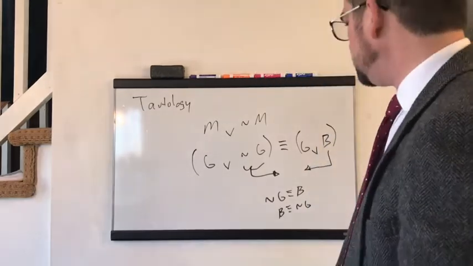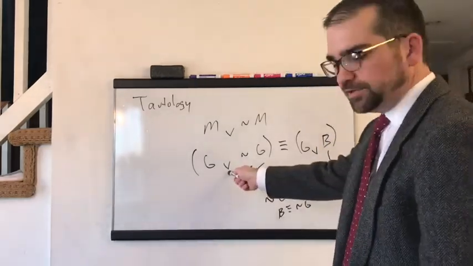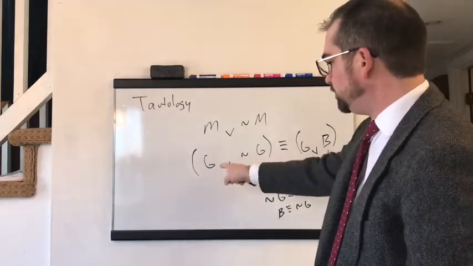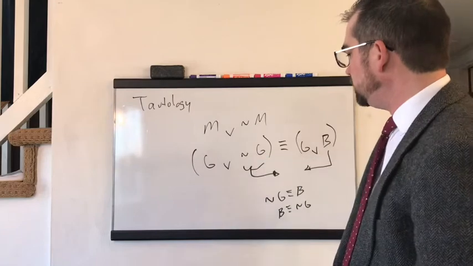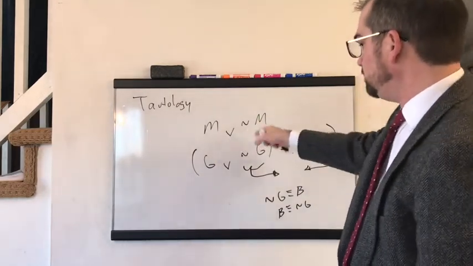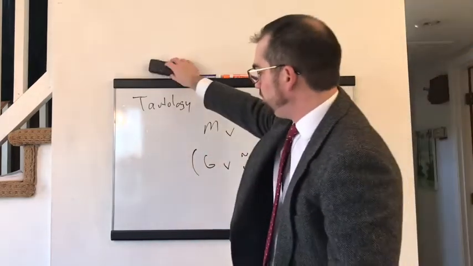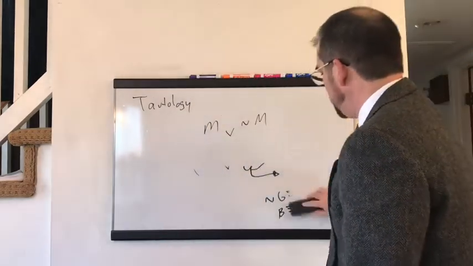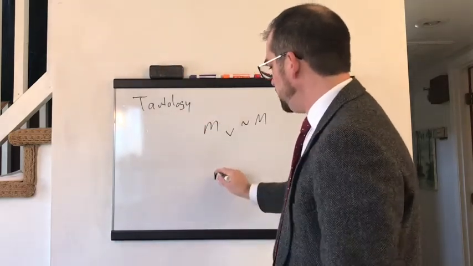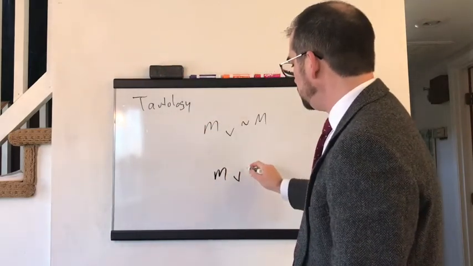Usually you'll see these tautologies in the simplest form when you have an or operator, and especially if you negate one argument, so we have good and then we have not good being negated. Or over here we have good or bad. We have man or not man. What's another thing we could have done with man or not man? Well, we could have said that you're either man or woman.